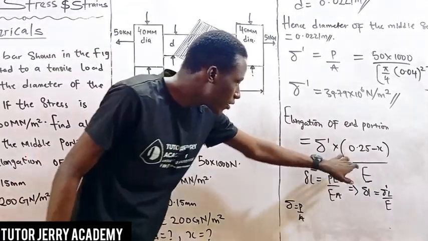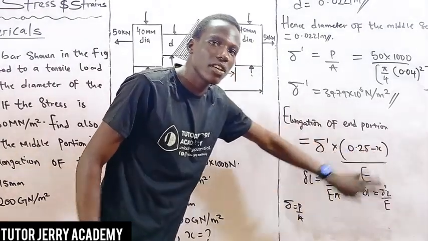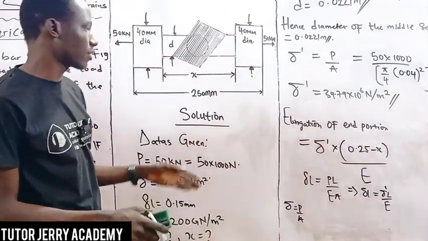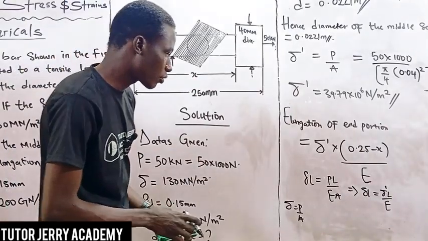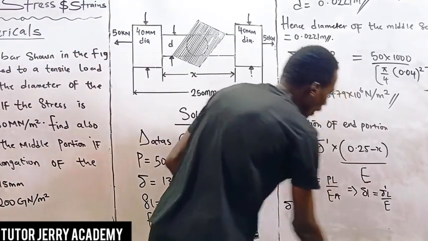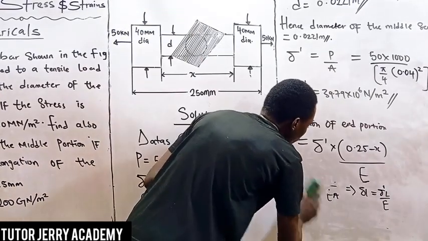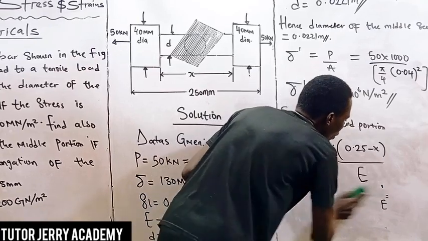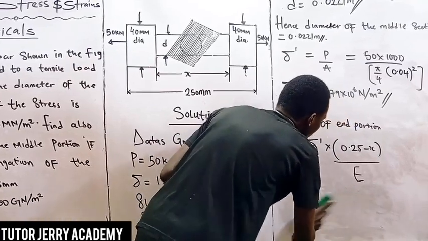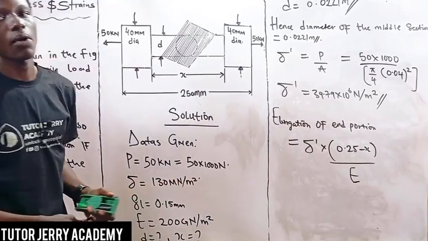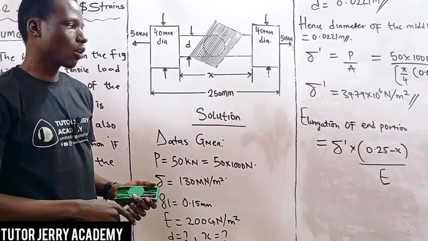That's why we have 0.25 minus x, representing the length of the two portions, all over E, our modulus of elasticity. This is what we have as our elongation of the end portion.